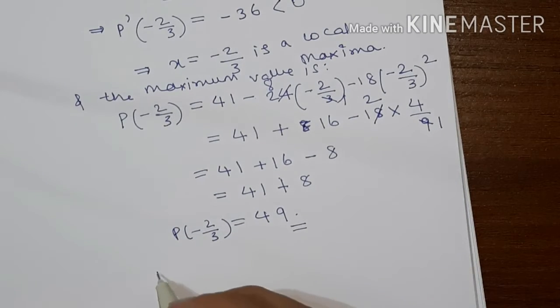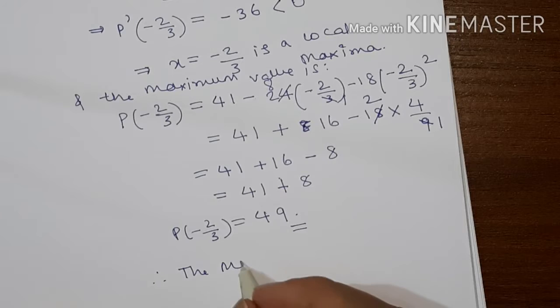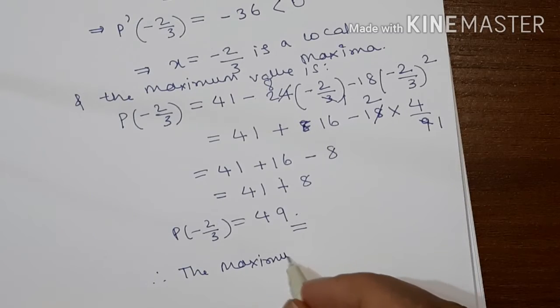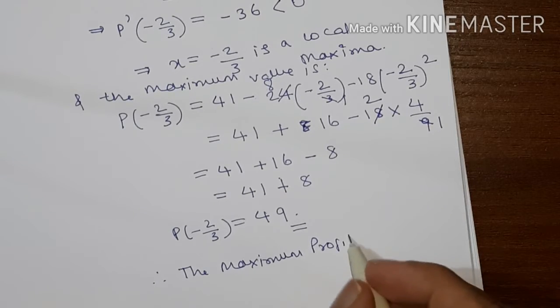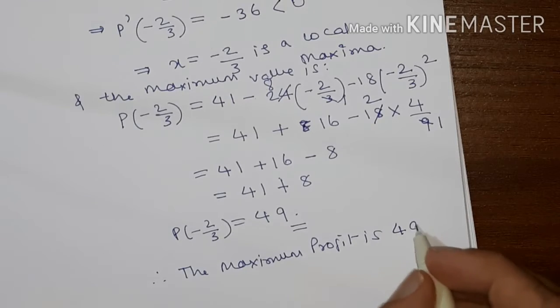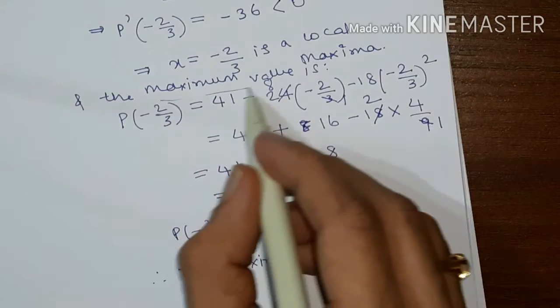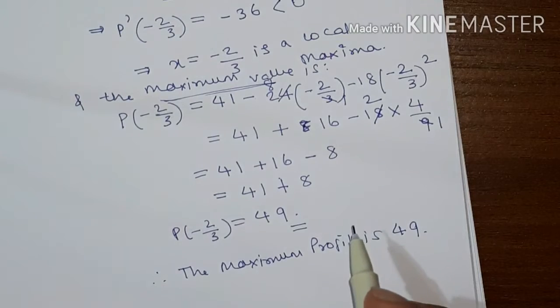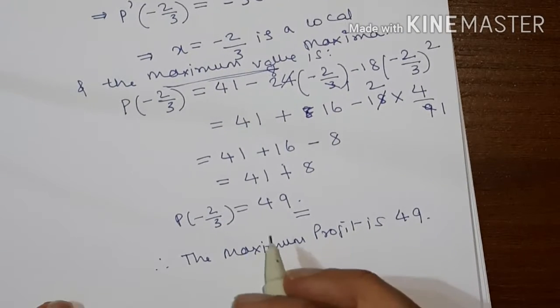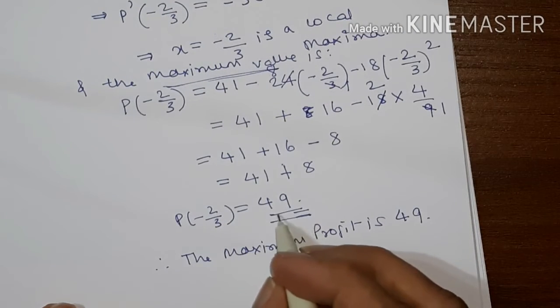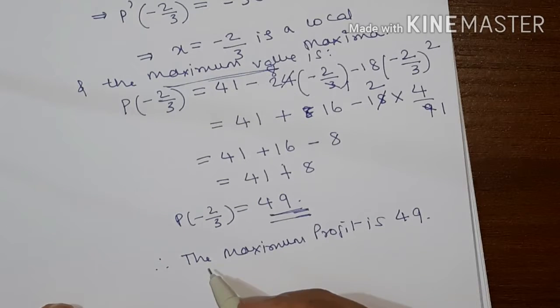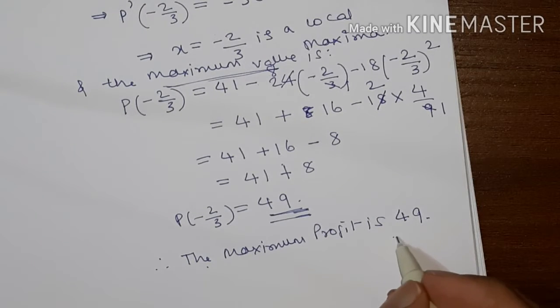This is the maximum profit. Because it was the maximum value of the profit function p of x, the maximum profit is 49.